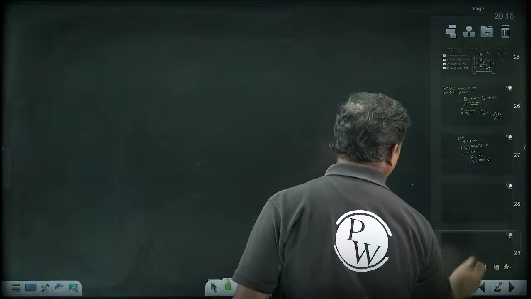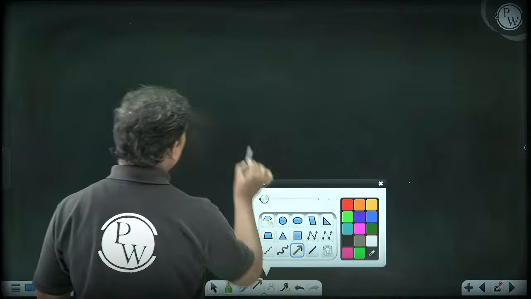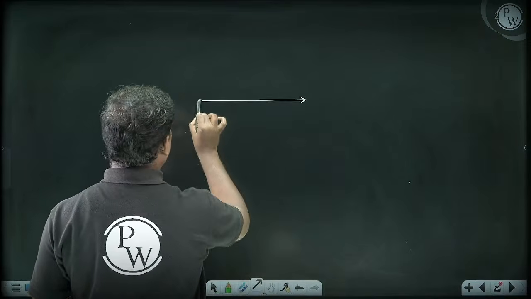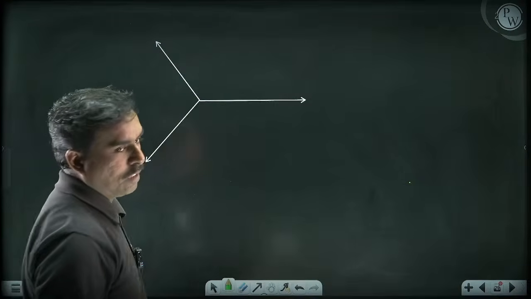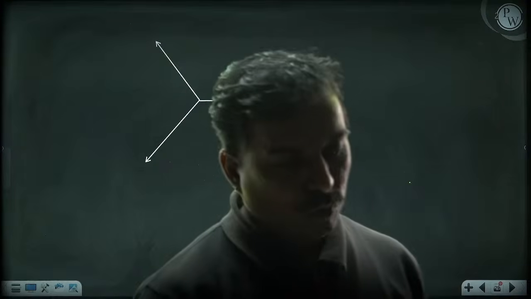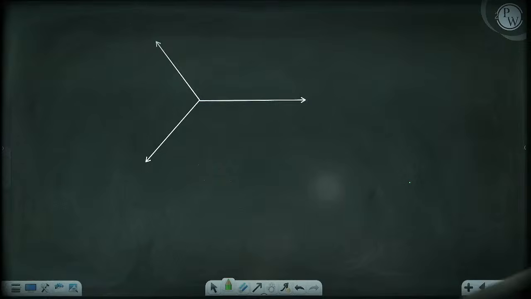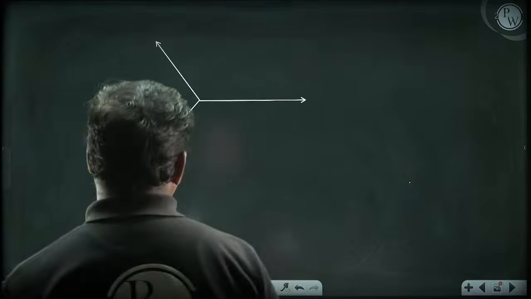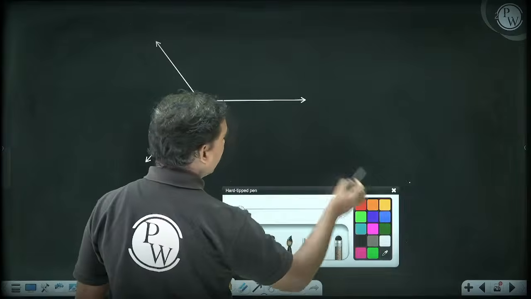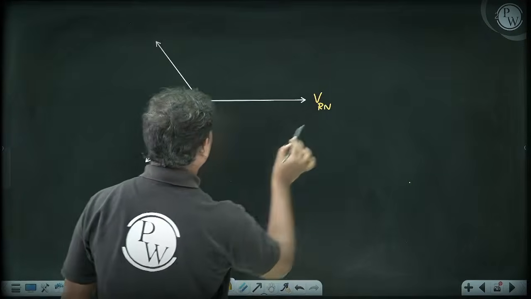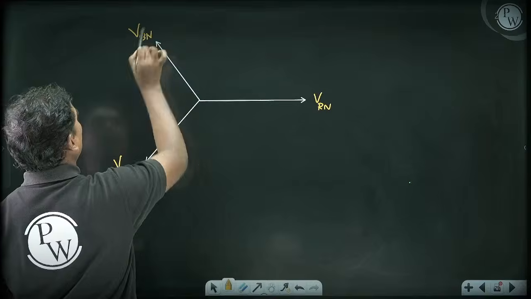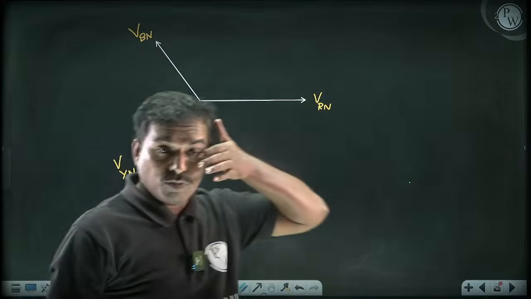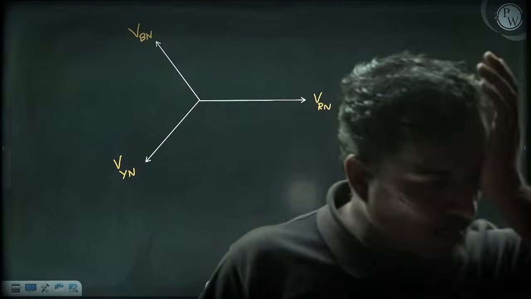So these are VRN, these are VYN, these are VBN. Am I right? Okay, so this is the VRN, this is a VYN, this is a VBN. All of you are comfortable with the phasors or not?